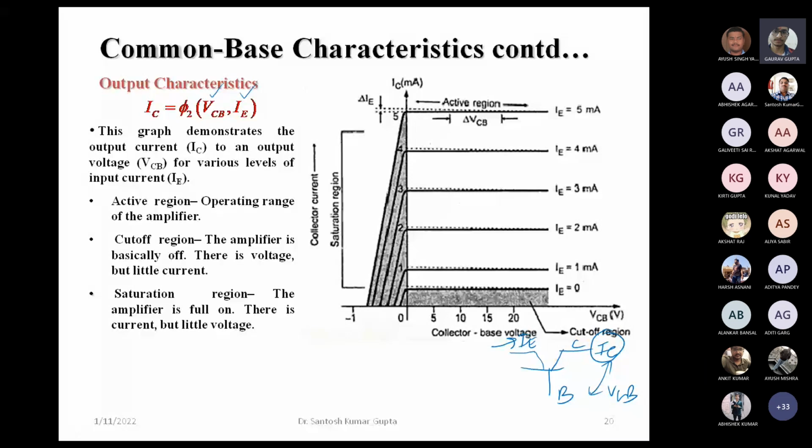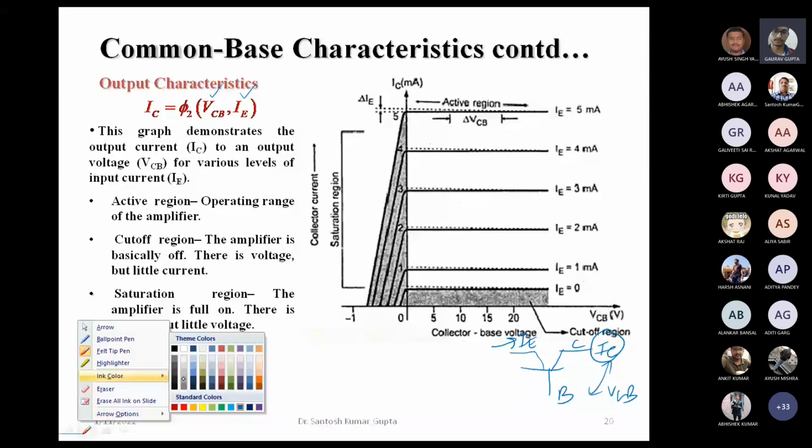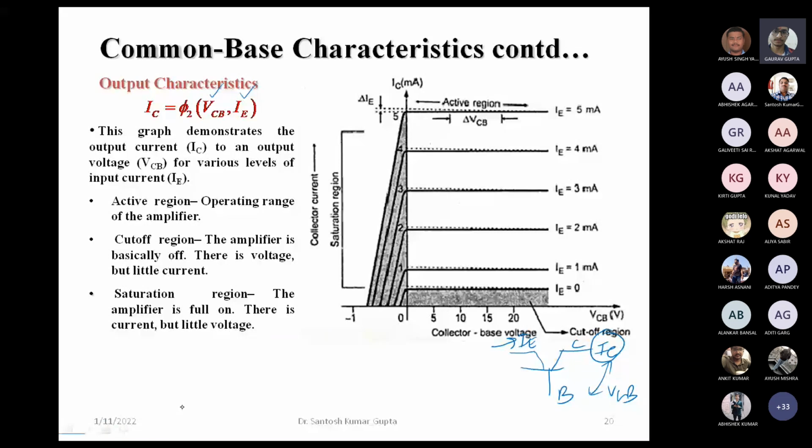Here in this graph, if we put the VCB values such that it always reverse biases the collector base junction, then we are in the region shown by the white region here, which we call the active region.